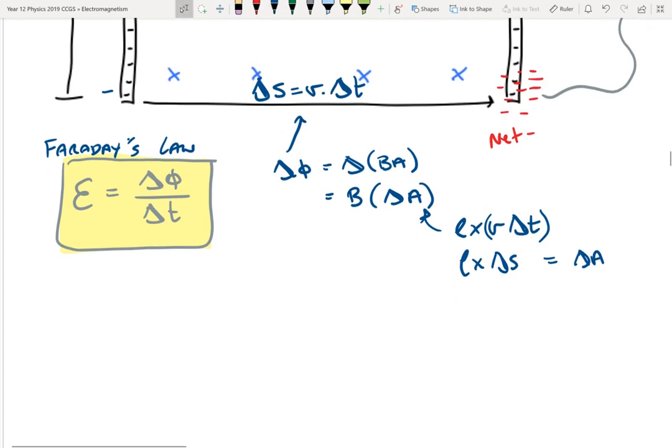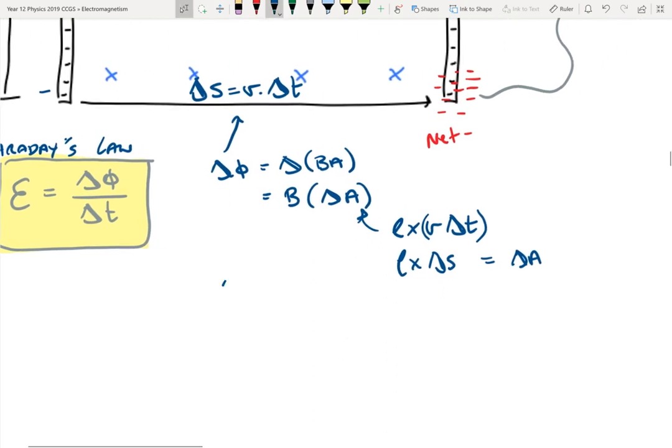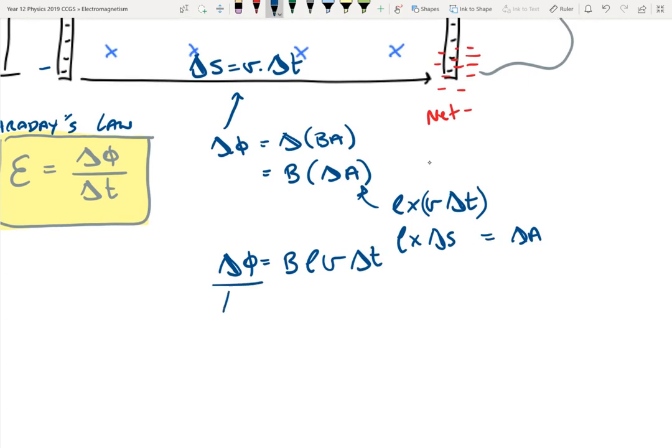So if I said that my change in flux is going to be B L V delta T, and then we do a little bit of dividing, which is different from cancelling, we get VBL, which is the equation that we had at the top. Okay?